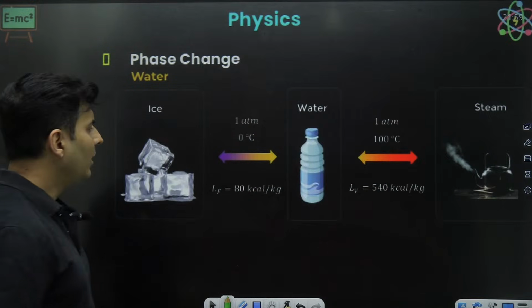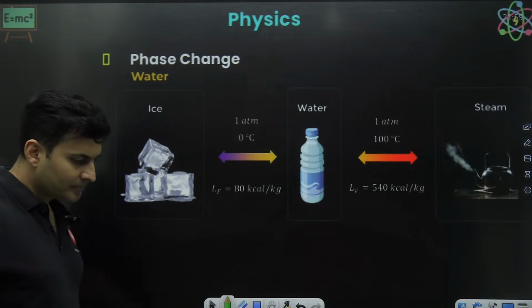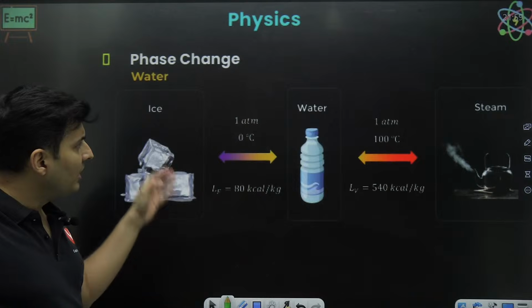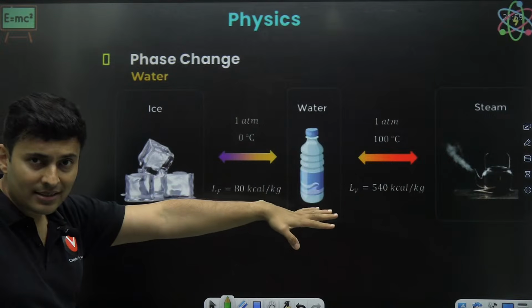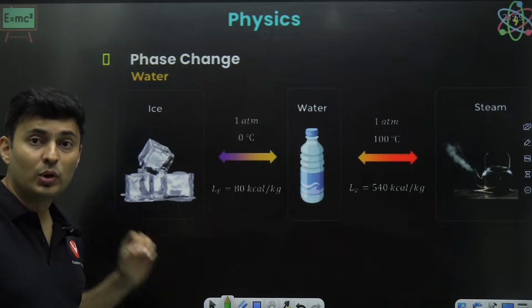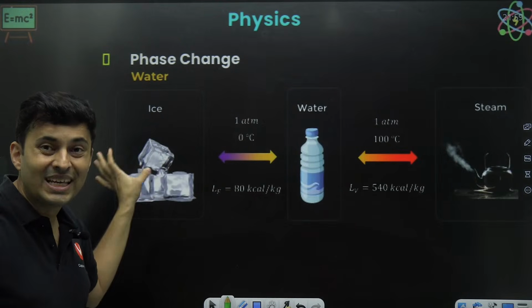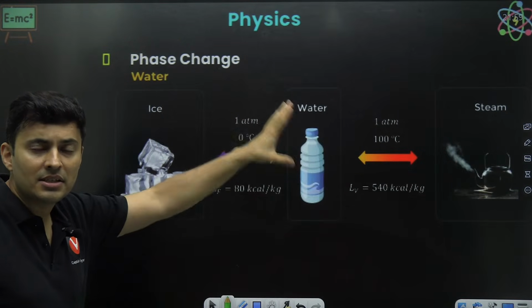Okay. Now, coming back over here, when you move from solid to liquid, liquid to gas, you always have to supply the energy in the form of heat. Yeah, you have to heat it in order to change the state.